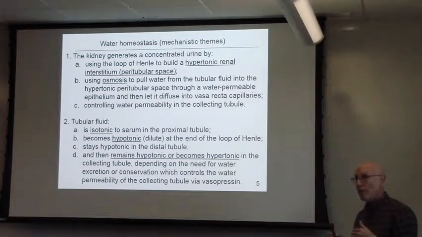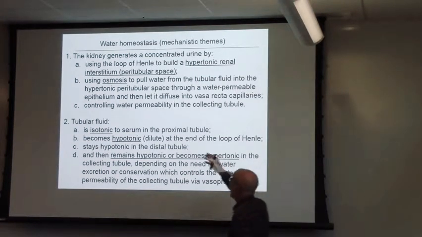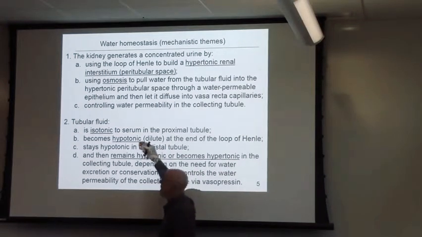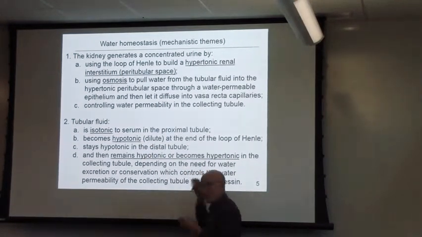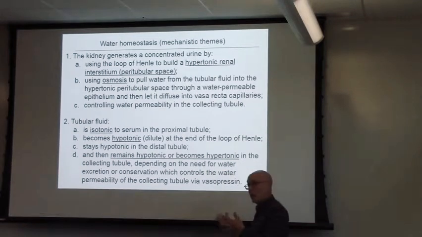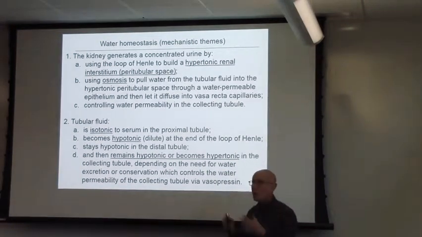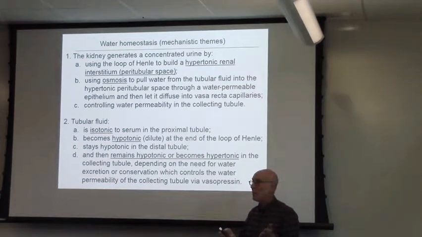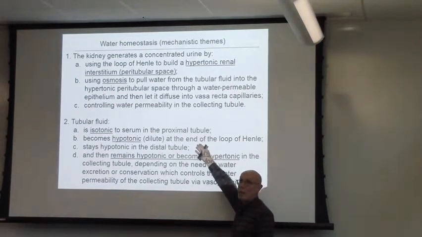The fluid in the tubule is going to become hypotonic by the end of the loop of Henle, because that's the part where the loop of Henle made the hypertonic extracellular peritubular space. So if the extracellular peritubular space is becoming hypertonic, the fluid is going to become hypotonic.